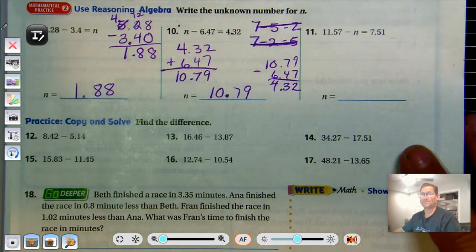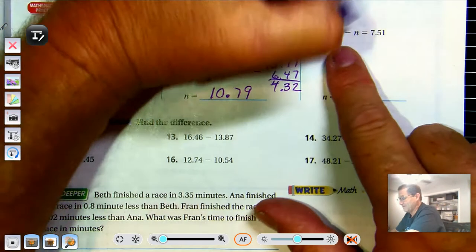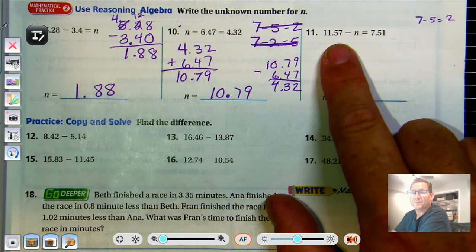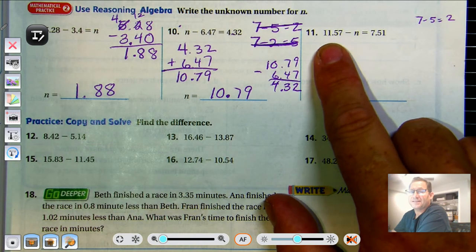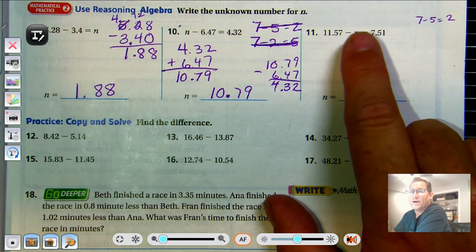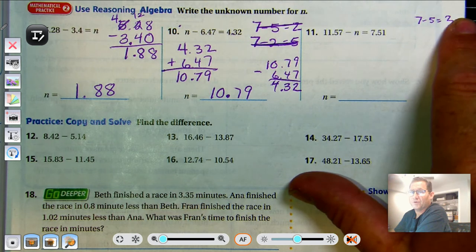Now, number 11. Okay. So this one is what I was trying to say with 7 minus 5 equals 2. If 11 and 57 hundredths is similar to the math fact 7, and we take away an unknown number, like 5, it should give us 2, right?